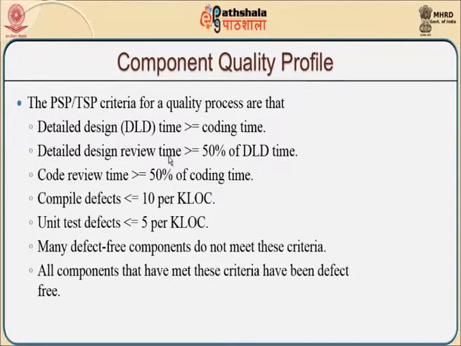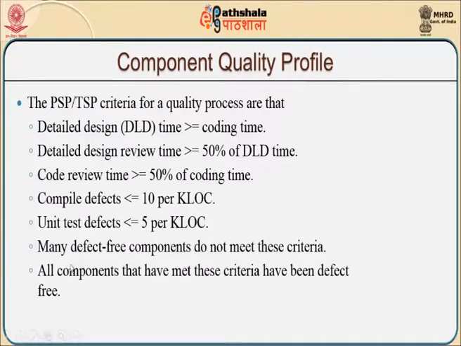So, this is the quality profile that is associated with every component. Say for example, if we look at the detailed design time, this should be greater than or equal to the coding time, and somewhere in between, the compile defects should be less than or equal to 10 per KLOC. So, at the compilation level it should be less than 10 in number for every kilo line of code.